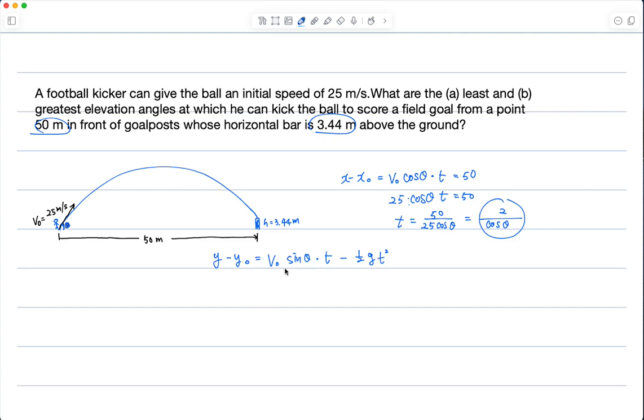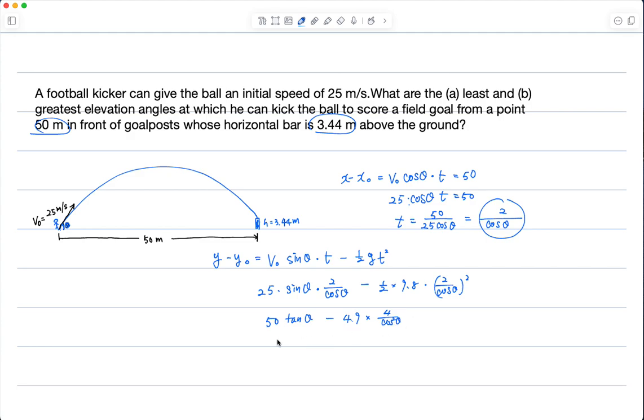The initial velocity is 25 times sine theta times 2 over cosine theta, minus 1/2 g, where g is 9.8, times t squared, with t being 2 over cosine theta. Then we calculate, and this will be 50 tangent theta minus 4.9 times 4 over cosine squared theta.